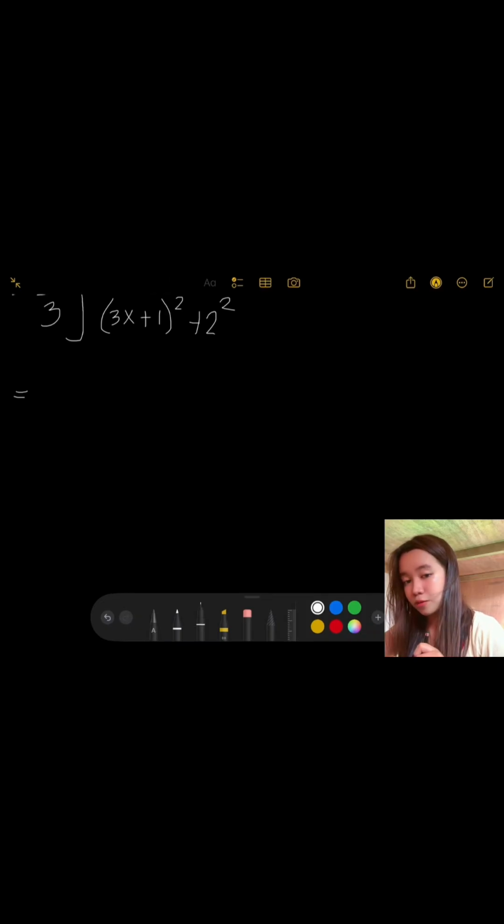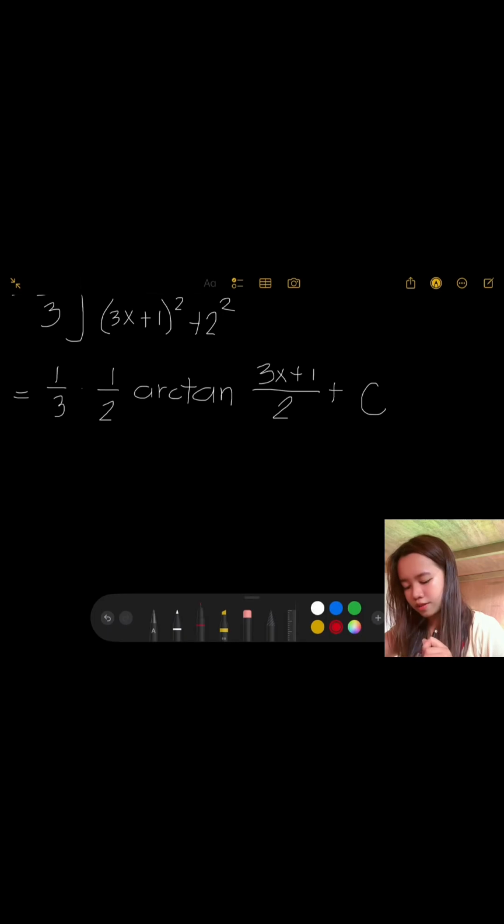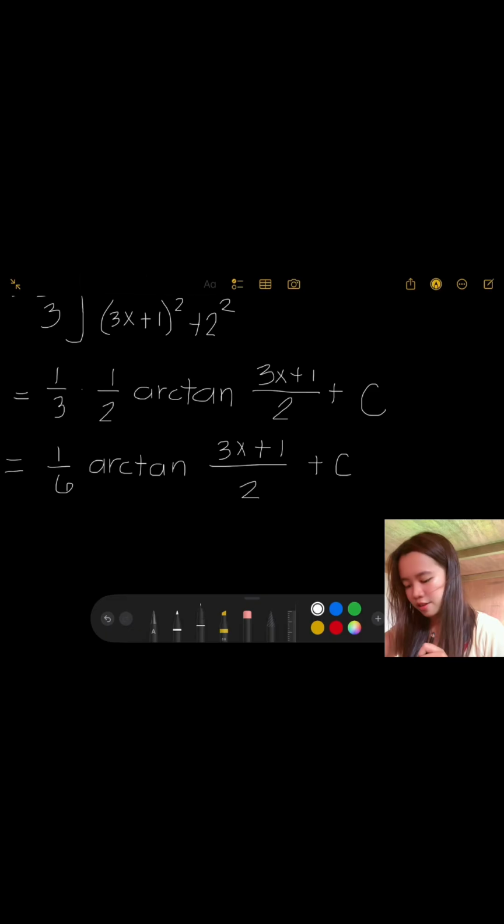So we just now use our formula. Let's plug in. 1/3 multiplied by 1/2 arctan 3x plus 1 over 2 plus c. So this will become 1 over 6 arctan 3x plus 1 over 2 plus c. So this is now the final answer.